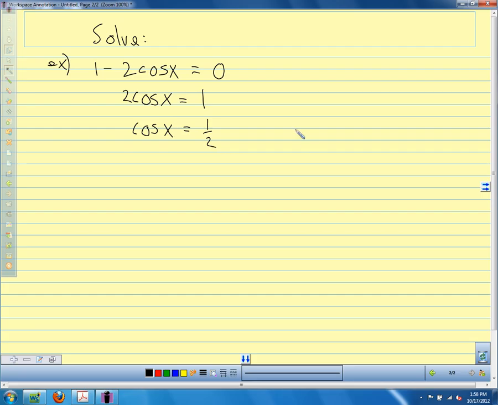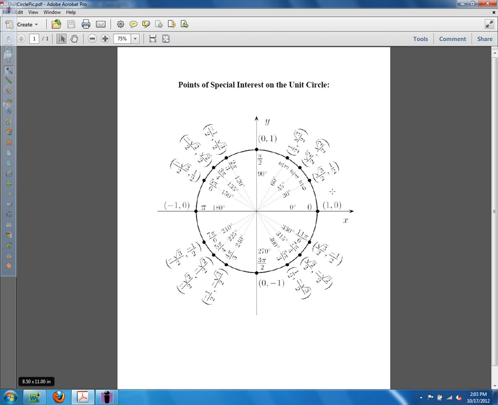Now we want to find all angles, or all x values, where cosine x equals 1/2. So we would go to our handy little unit circle and look at our x coordinates.